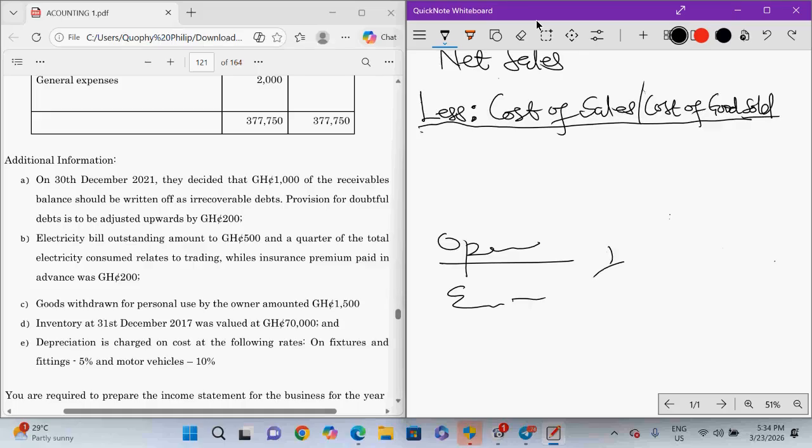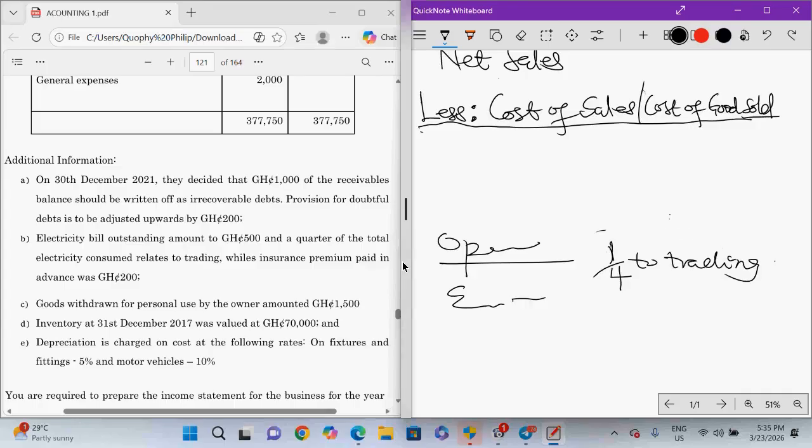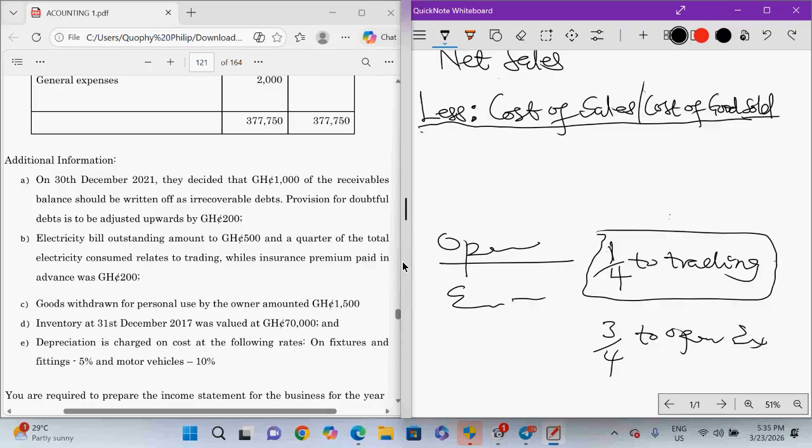A quarter means 1/4. If a quarter of the total electricity consumed relates to trading, it means that it relates to the cost of sales. It will become part of the cost of sales. And the remaining 3/4 would go towards operating expenses.